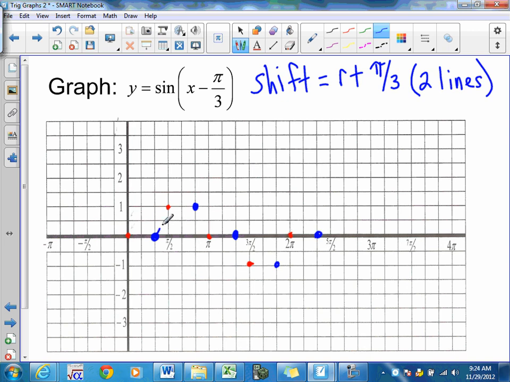So now my graph looks like that. Okay. So now we're taking our graph and we're shifting our graph. Here's normal sine, and I shift it right, pi over 3. So we have to do what we did yesterday and get the graphs right before we decide to shift them.